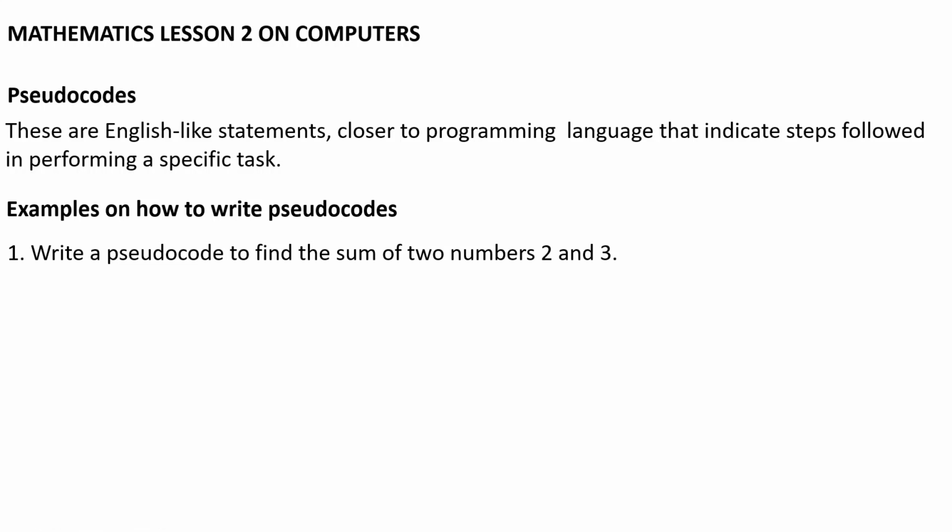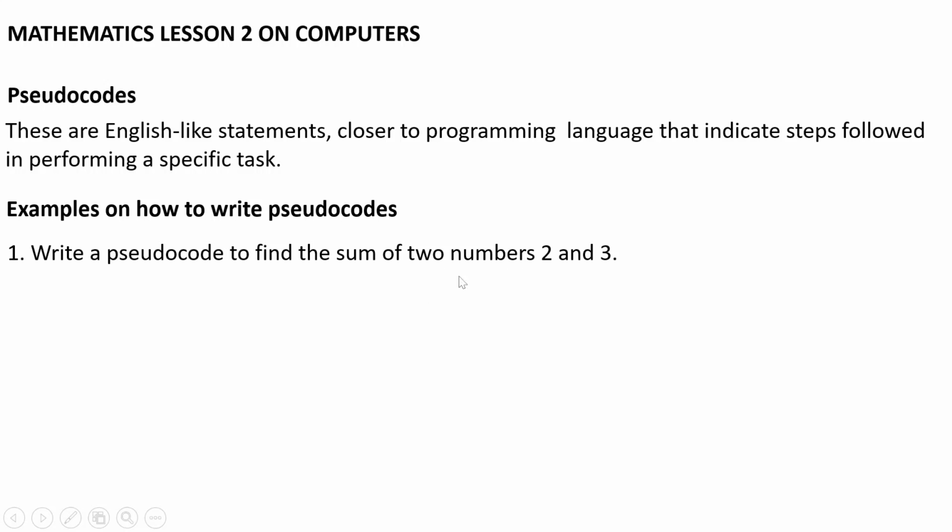You enter plus, what else? You enter 3, what else? You enter equals. Those are the steps that you are going to follow in order to find the sum of the two numbers 2 and 3. So even a pseudocode is more similar to that, except that pseudocodes are closer to programming language in some cases.